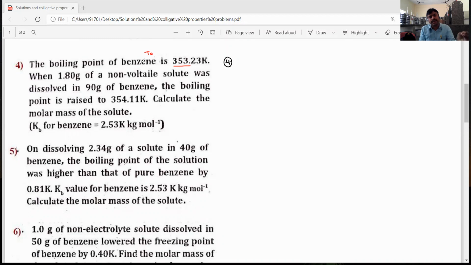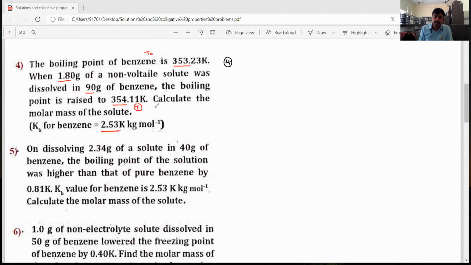Then 1.8 grams of non-volatile solute is added to 90 grams of benzene solvent, and due to that addition the boiling point of the solution is raised to T is equal to 354.11 kelvins. They ask to calculate the molar mass of the solute, and Kb, the elevation of boiling point constant or ebullioscopic constant for benzene, is given as 2.53 kelvin kg per mole.